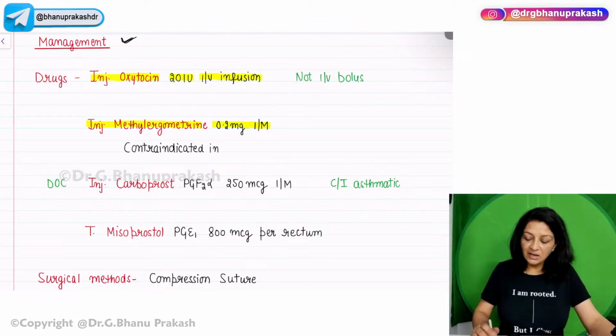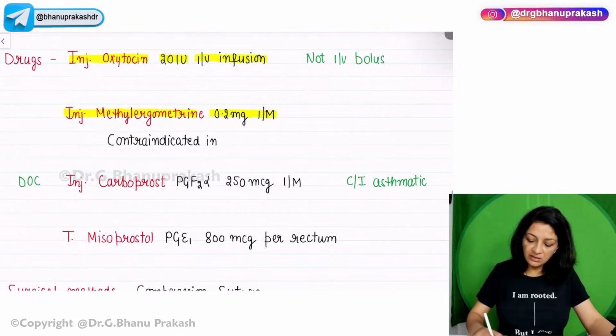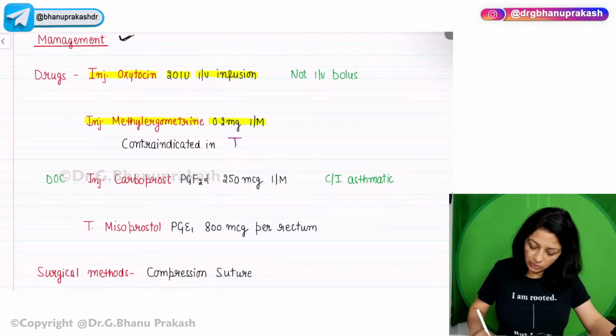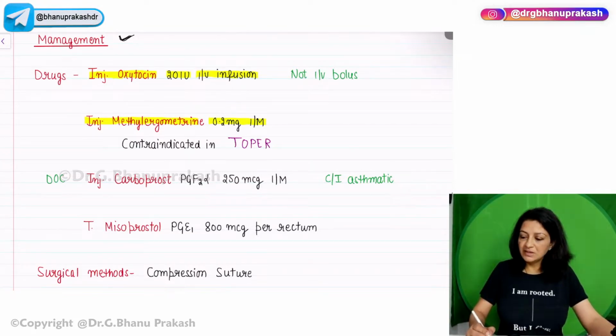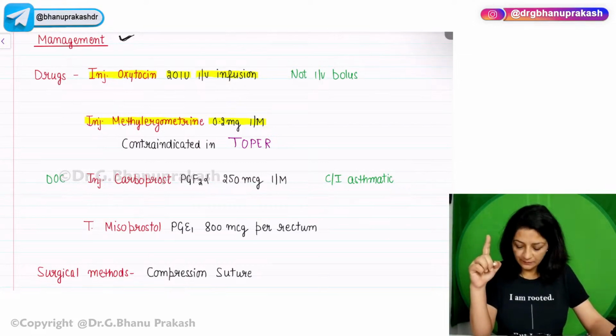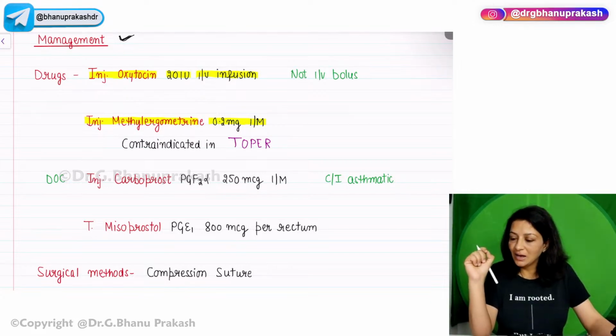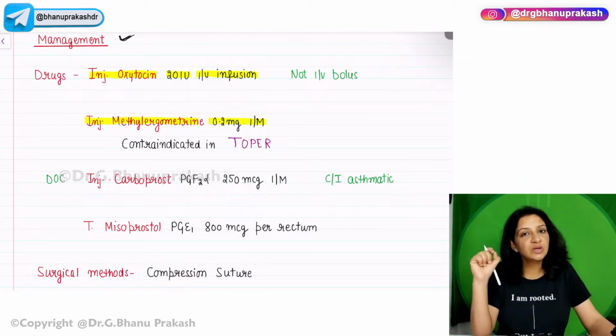But methylergometrine is contraindicated in the following, so remember the mnemonic TOPPER. T means after delivery of the first week. O means organic heart disease. P means preeclampsia, E means eclampsia, and R means Rh isoimmunization.